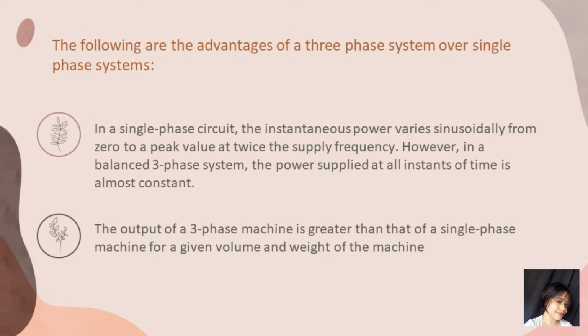This pulsating nature of power is not suitable for many applications. However, in a balanced three-phase system, the power supplied at all instants of time is almost constant. Because of this, the operating characteristics of three-phase apparatus in general are superior to those of similar single-phase apparatus.